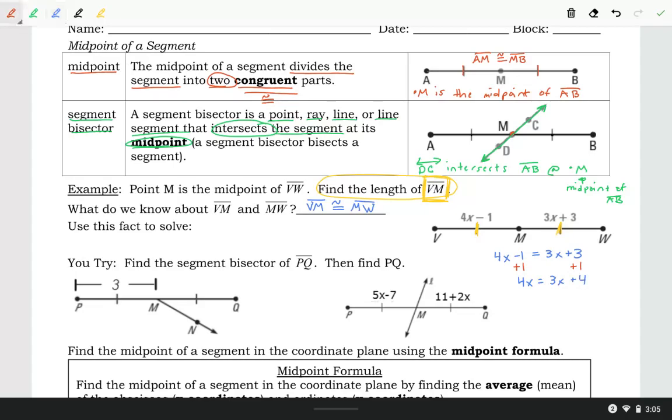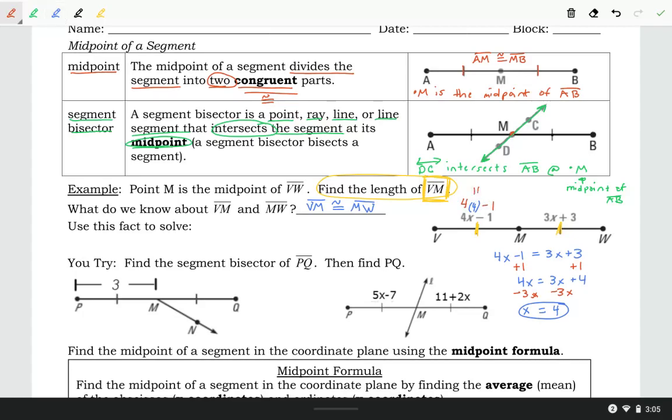I want to get all of the x's on one side by themselves. So I'm going to subtract 3x from both sides of my equation. And now I have 1x, so that's just x, is equal to 4. So I've solved for x. I know that x is equal to 4, but remember my problem asked me to find the length of VM. So now I have to go back up here and plug in 4 for x.